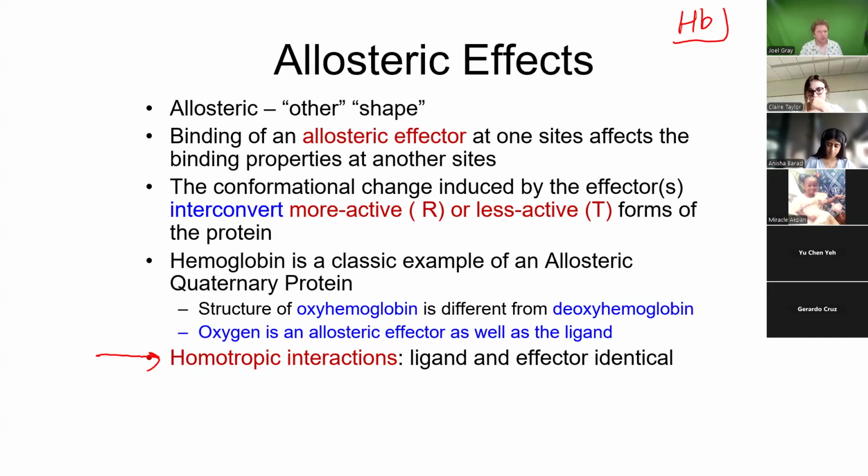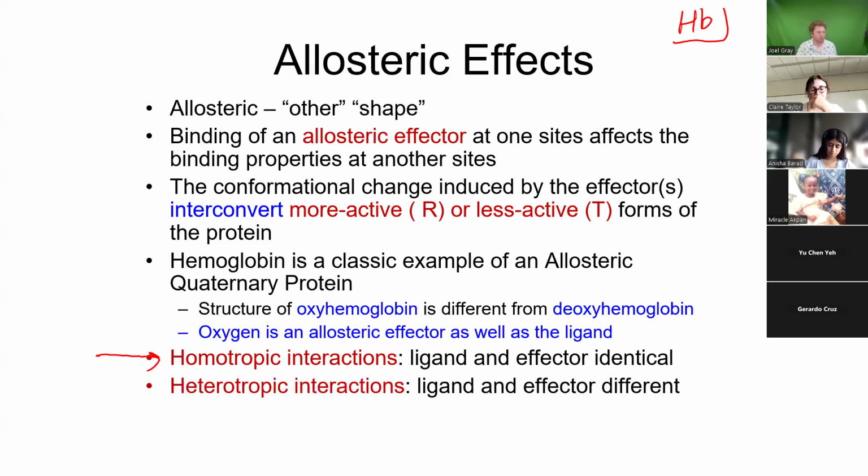Now, with that in mind, there are examples of molecules that are different. And for that, we use the term heterotropic interactions, where the ligand and the effector are different. Okay, this is just to throw out an example. This is an untrue example, but let's say that glucose is another molecule.